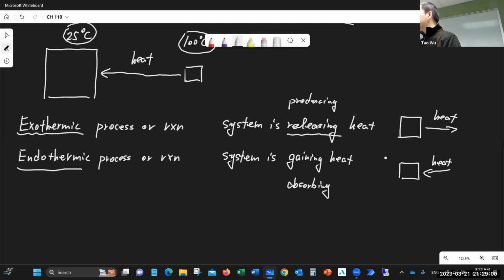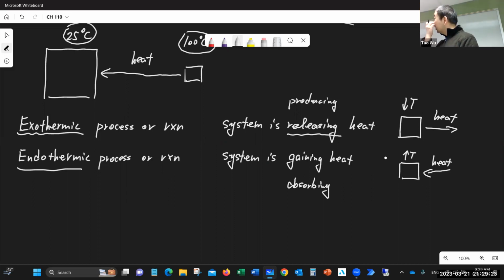Exothermic is decreasing the temperature of the object. Endothermic is increasing the temperature of this object.